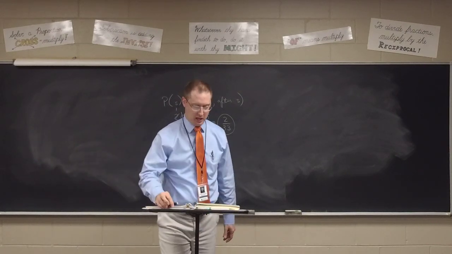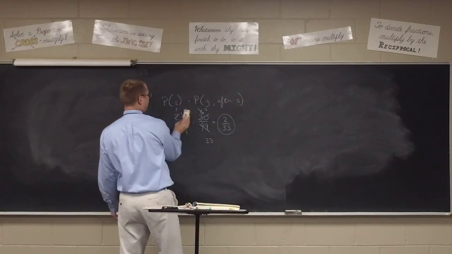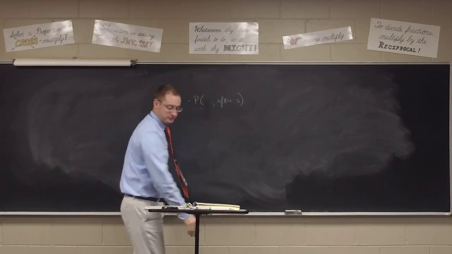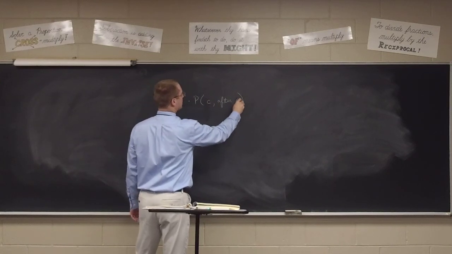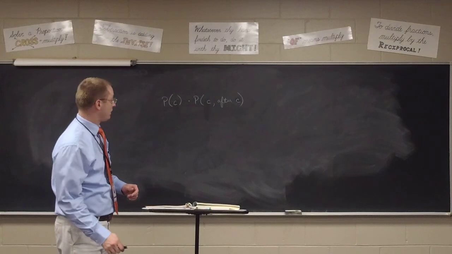All right, go and do part B. 2 cherry gumballs. This one isn't going to reduce as well. 2 cherry gumballs. Probability of cherry times the probability of cherry after cherry.